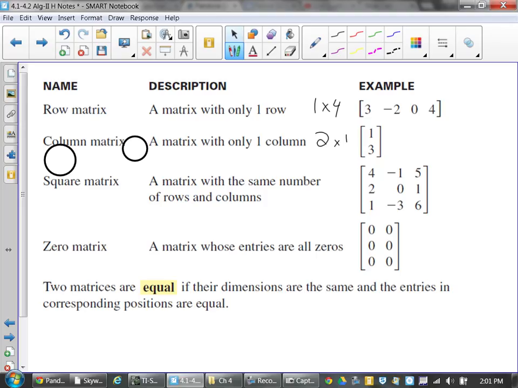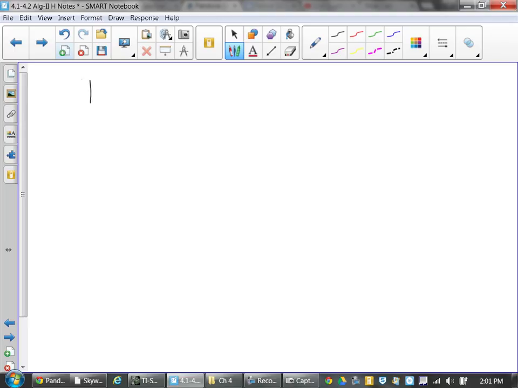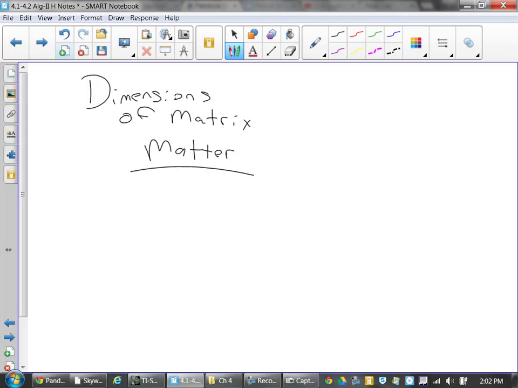When we're talking about matrices, though, in order to do some simple operations, the dimensions of the matrix matter.